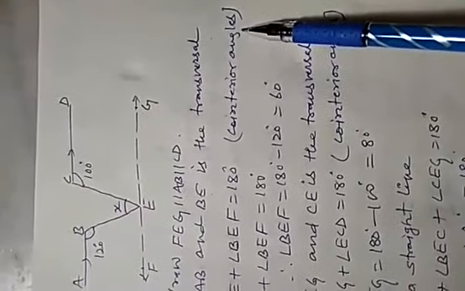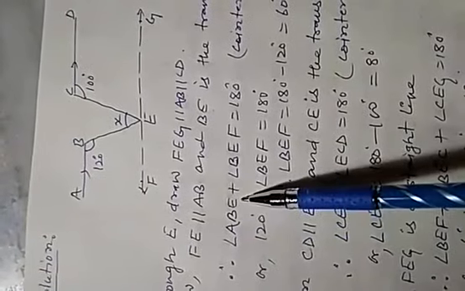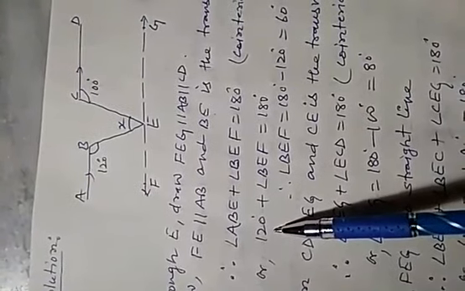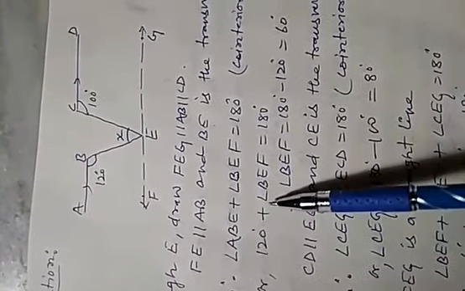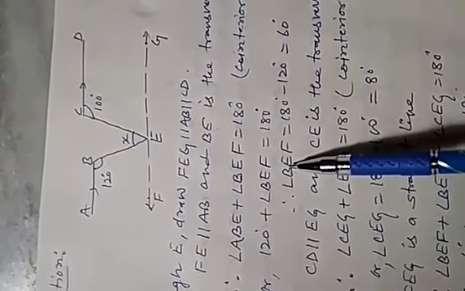Co-interior angles. Angle ABE is equal to 120 degrees, plus angle BEF is equal to 180 degrees. Therefore, angle BEF is equal to 180 degrees minus 120 degrees, which is equal to 60 degrees.